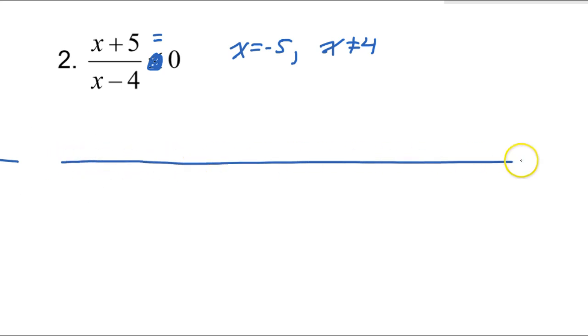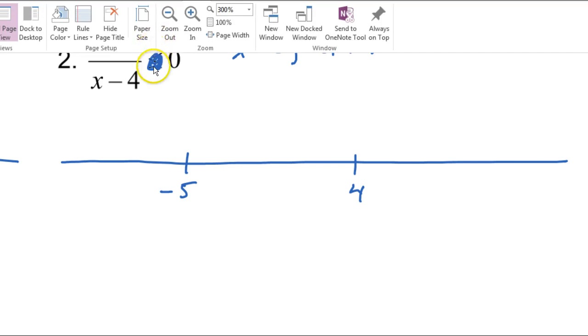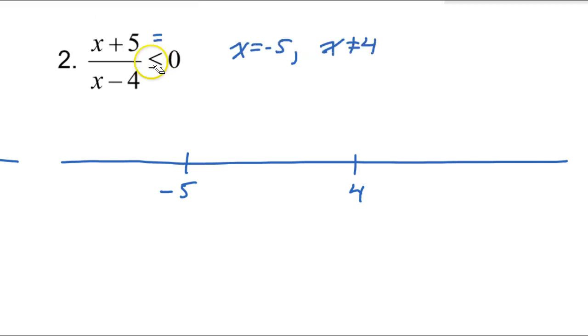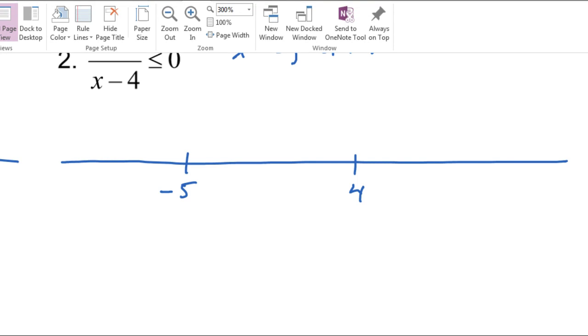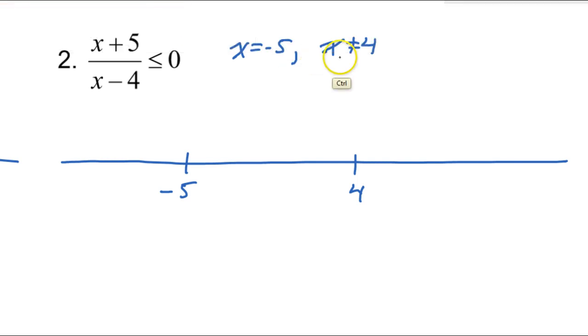All right. So number line. I've got negative 5 and I have positive 4. Now, open circles or closed circles? That's my next question. The illegal values have to be open circles for sure because they're illegal, they can't be included.